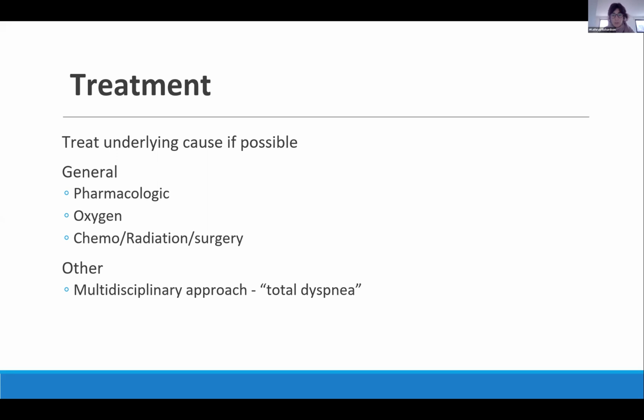We've got the word total dyspnea here. This means looking at more than just the physical. So we think about any anxiety that may be contributing, or other spiritual or social issues that may be leading the person to have worsening of that symptom.